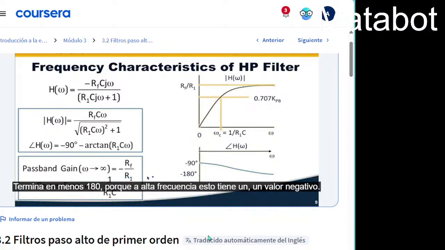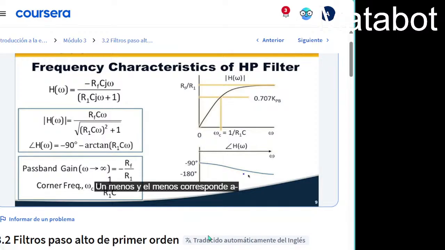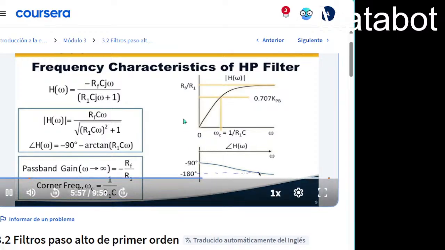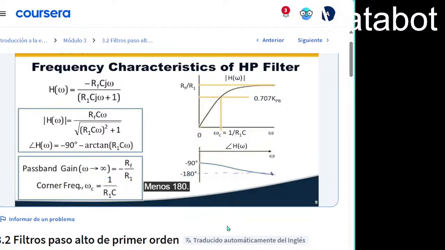It ends up at minus 180 because at high frequency, this has a minus value, and the minus corresponds to minus 180. So that's the angle.